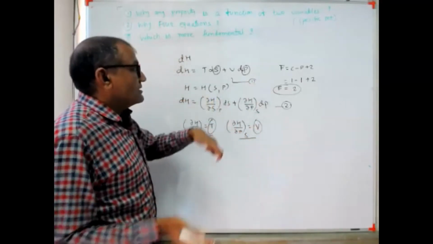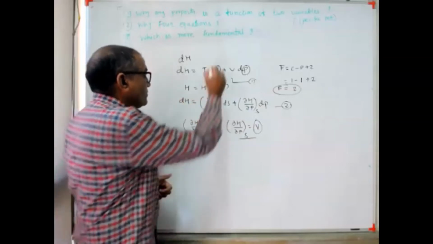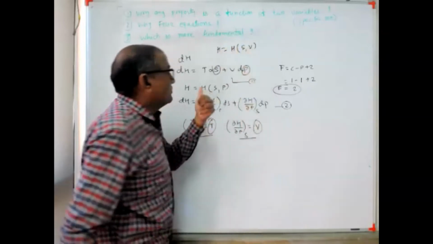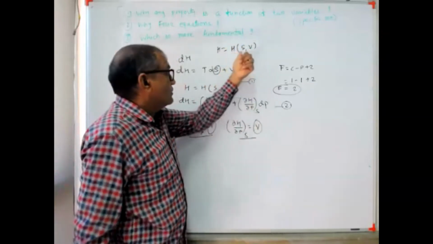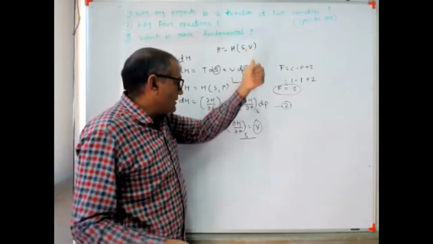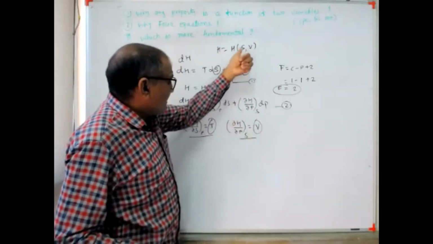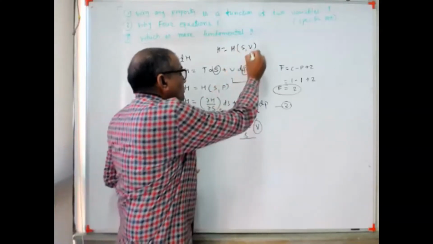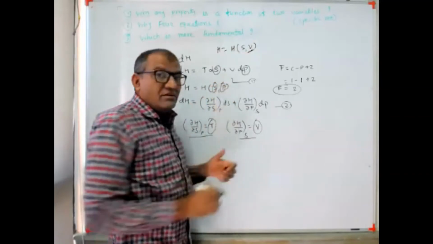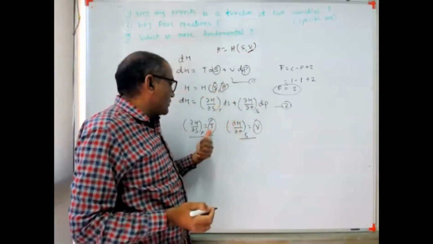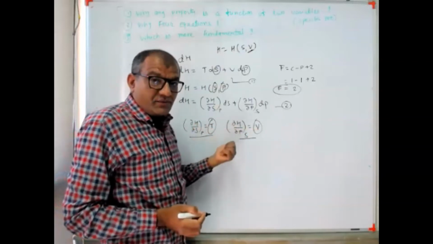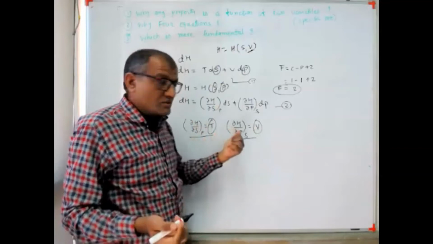Okay, let's take the reverse. For example, I am considering H as a function of other 2 variables S and V. So here the 2 canonical variables are S and V. In the earlier case, S and P were the 2 canonical variables and we obtained the other 2 variables T and V just by taking the differentiation of enthalpy with respect to something.